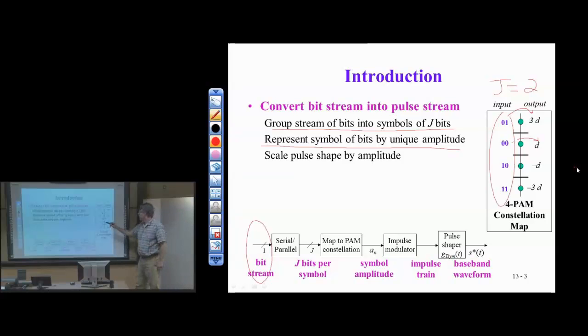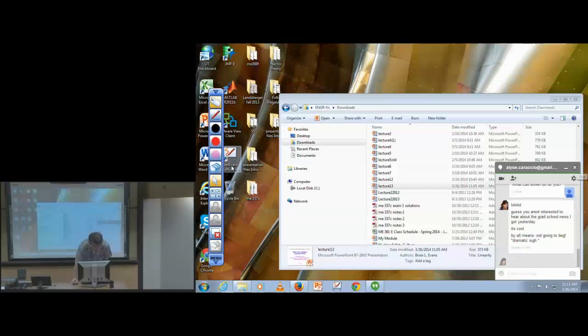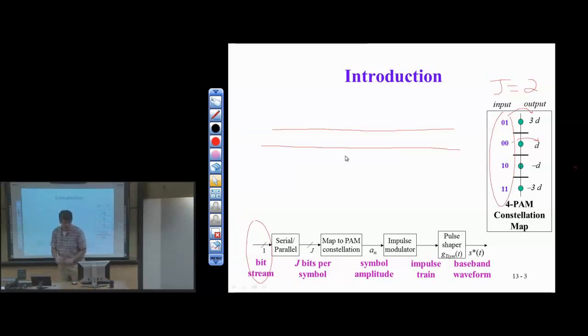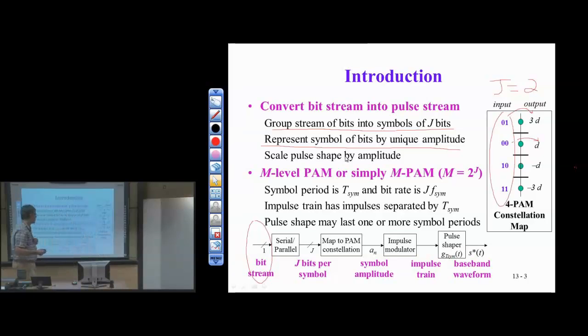And then for 1, 0, we map to minus d, and for 1, 1, we map to minus 3d.